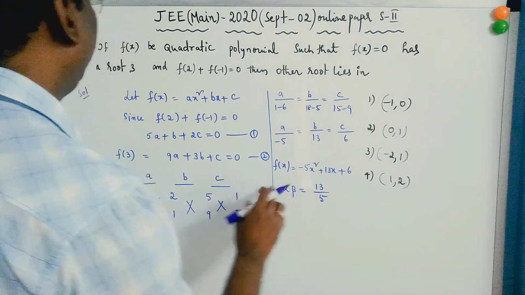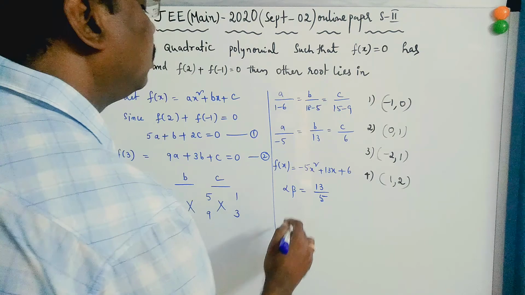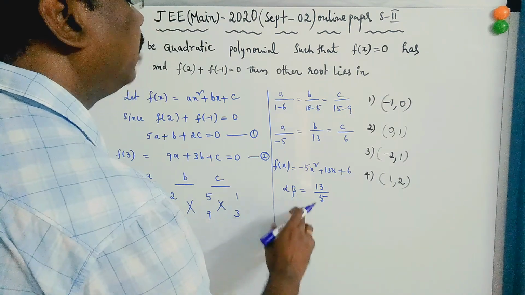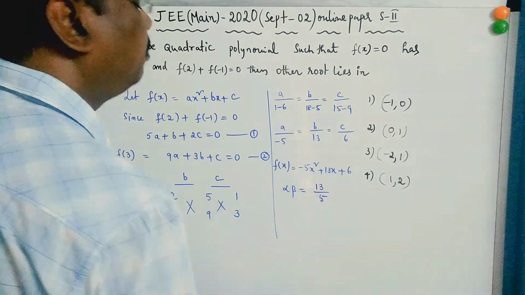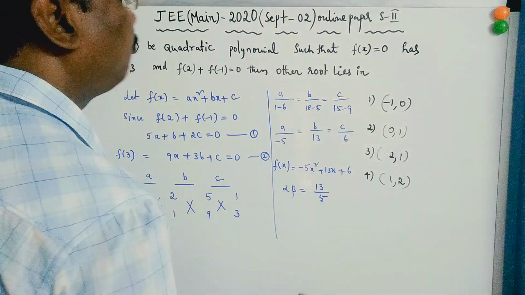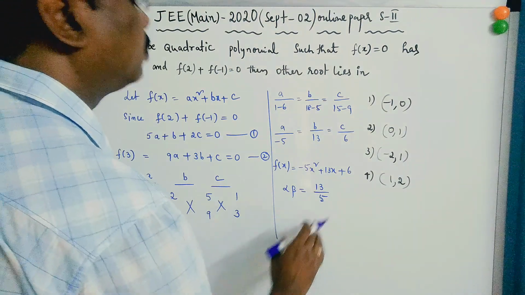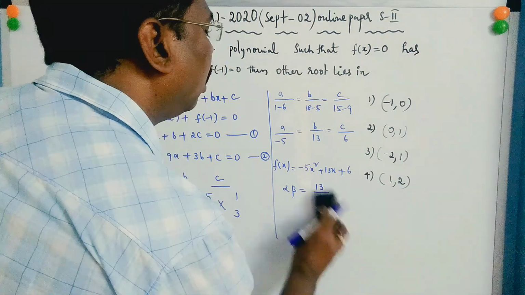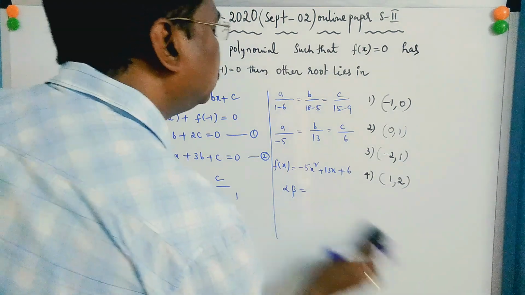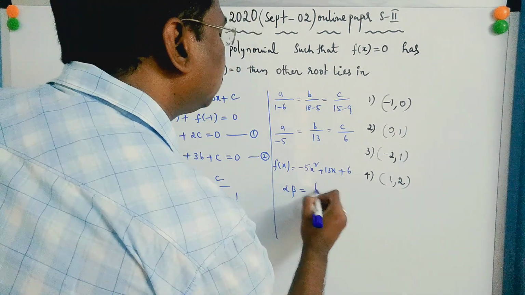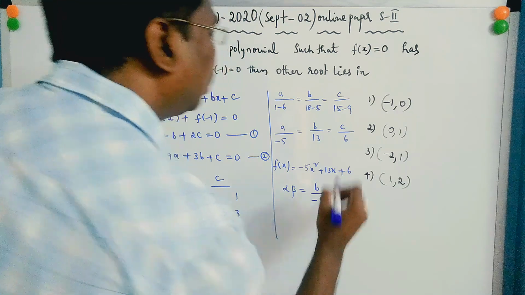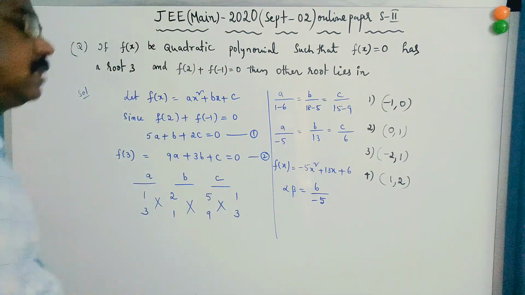Now alpha value is 3, given. Product of the roots is c by a, 6 by minus 5.